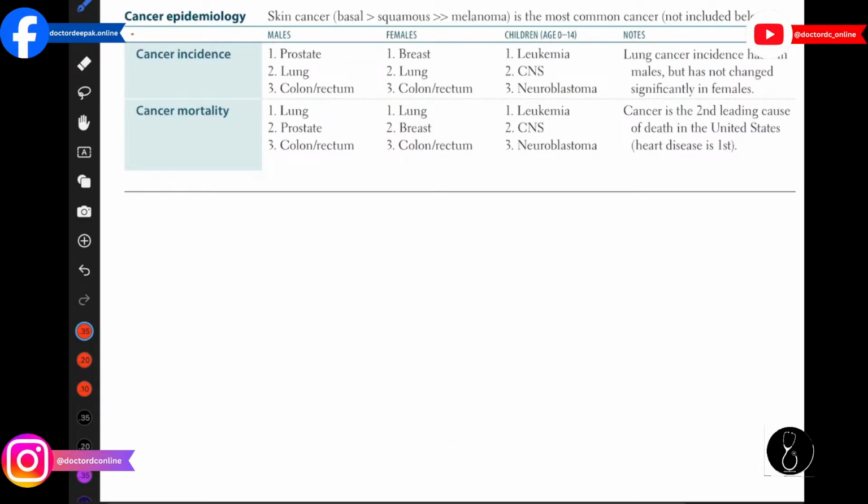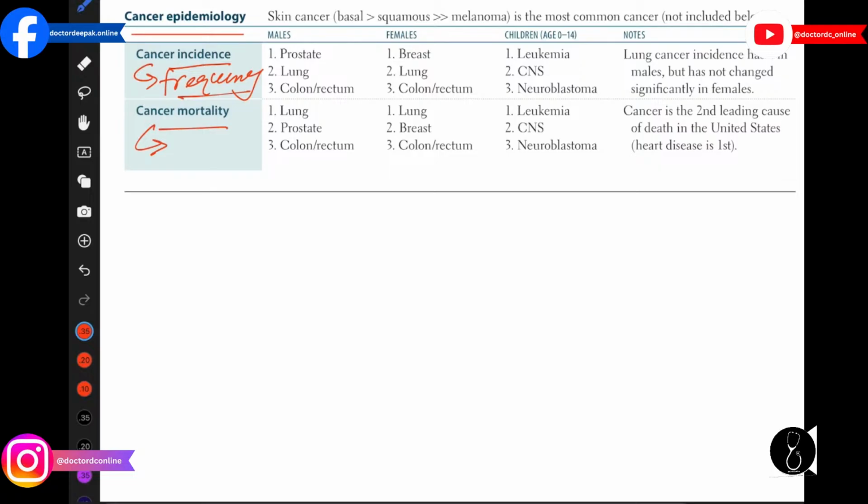We are going to start cancer epidemiology, in which we look at cancer incidence and mortality. What is incidence and what is mortality? Incidence is the rate at which new cases of a disease or event occur within a population. In simple words, it is the frequency of cases.